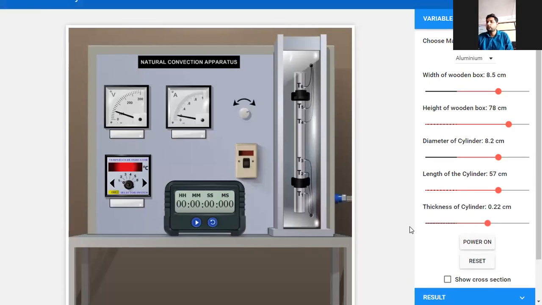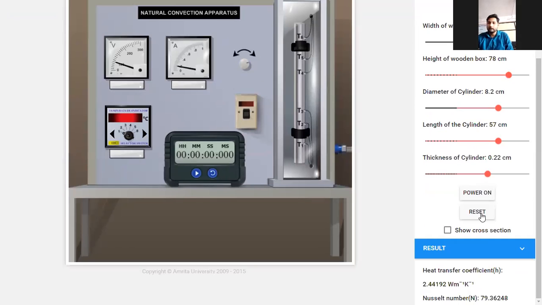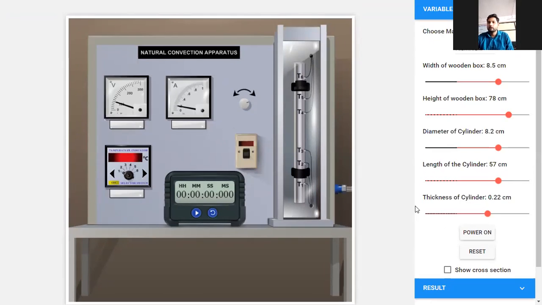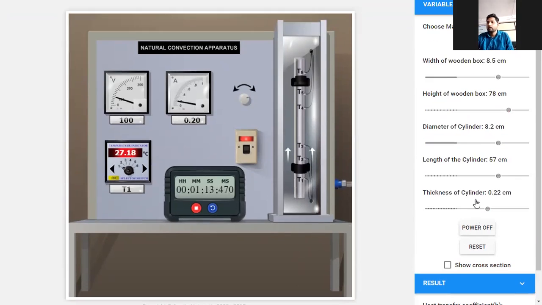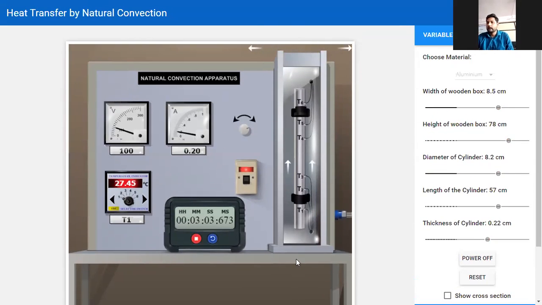Okay, after providing the appropriate dimensions and the voltage and current inputs, there is a power on button, so you can switch it on. After switching on, you can see how the air is flowing.